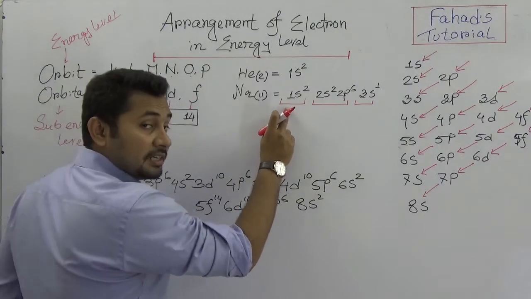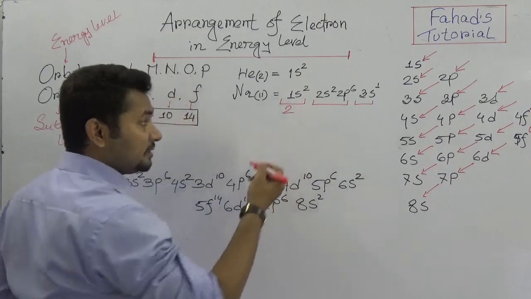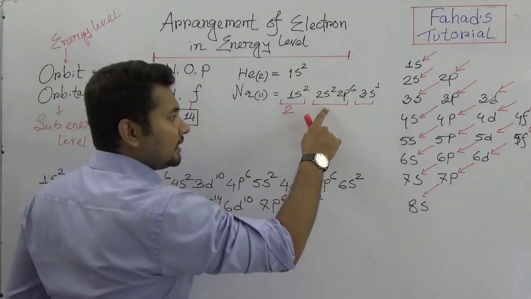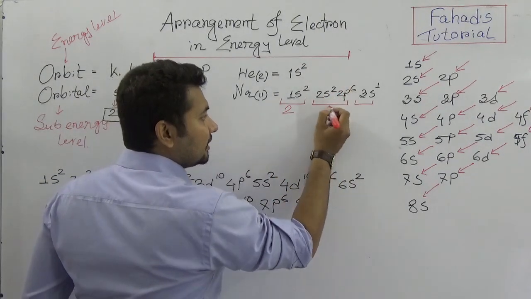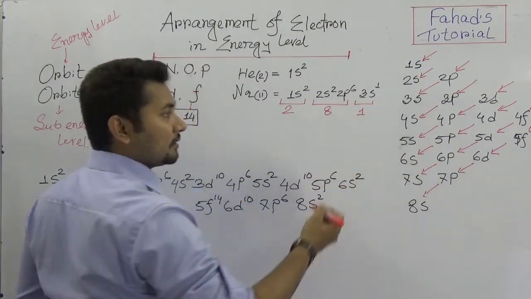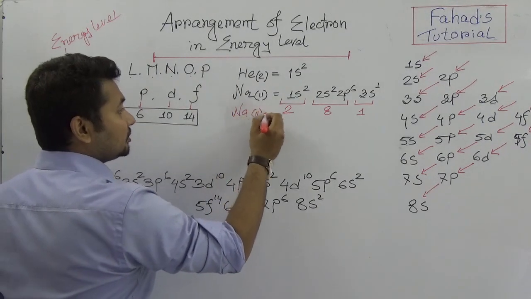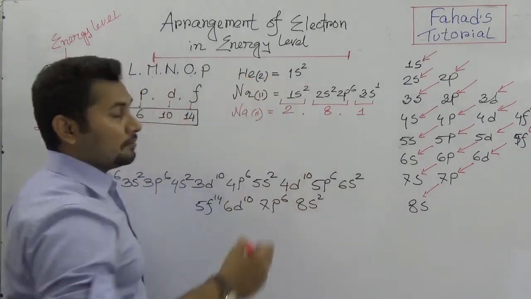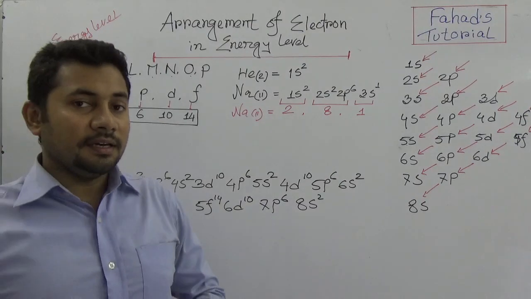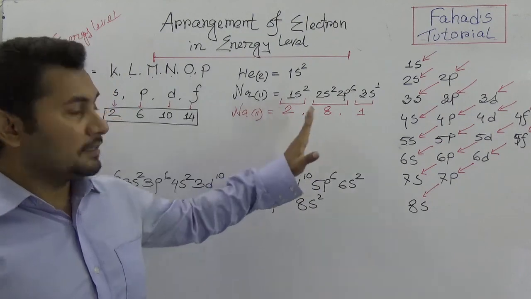In the first shell, according to the 2n square law, there will be 2 electrons. In the second shell, 2 and 6, 8. And in the third shell, there is 1. So the sodium 11 arrangement is 2, 8, 1. It also follows the rules of 2n square.